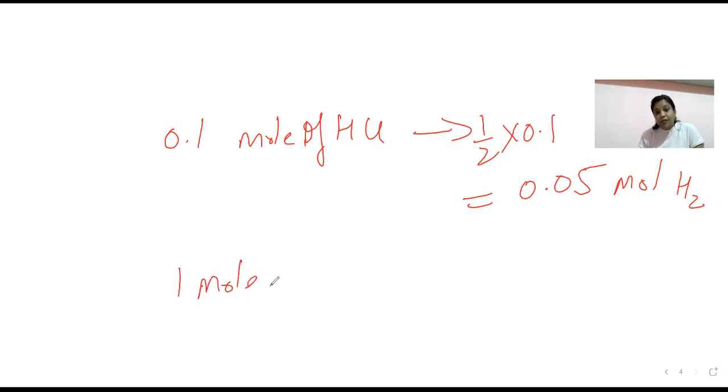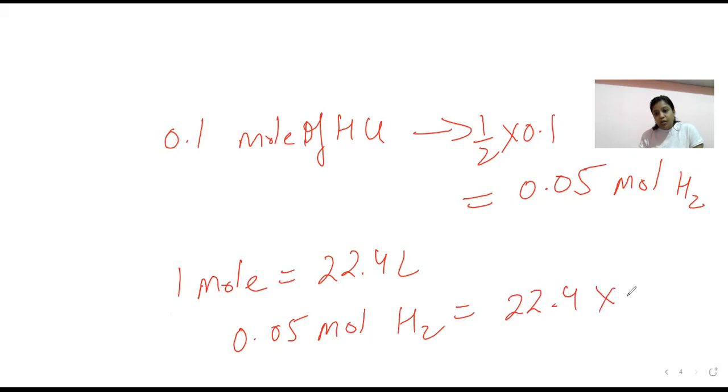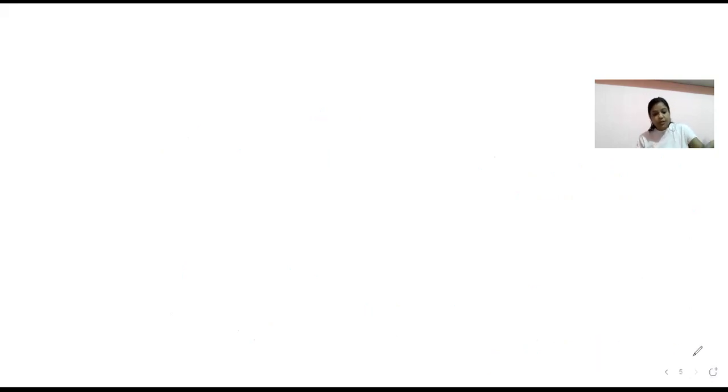We know that 1 mole, molar volume, is equal to 22.4 liters. So 0.05 mole of hydrogen is equal to 22.4 into 0.05, which is equal to 1.12 liters of hydrogen produced.